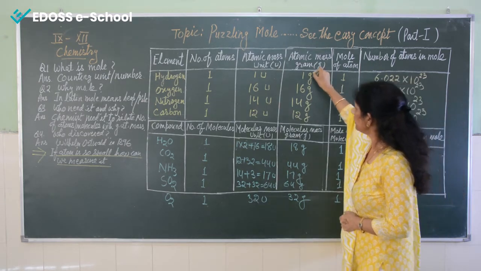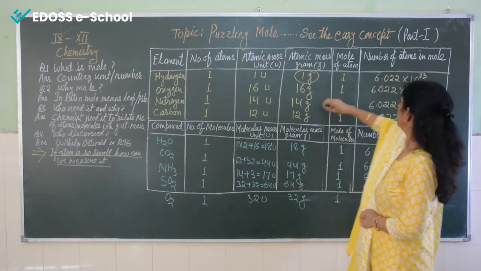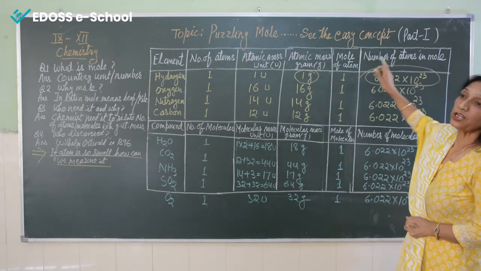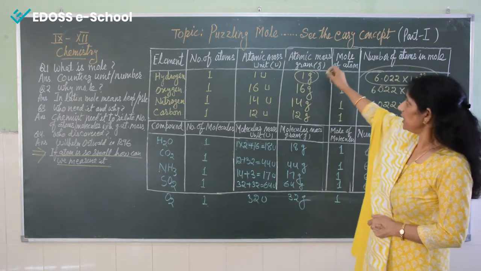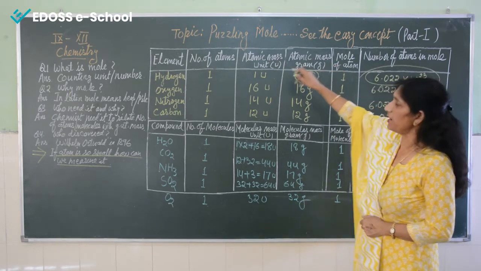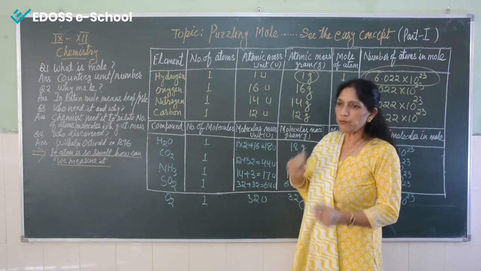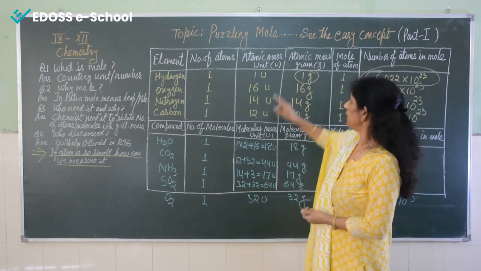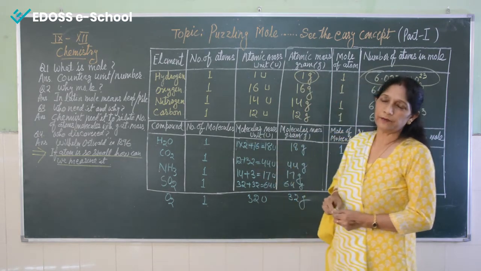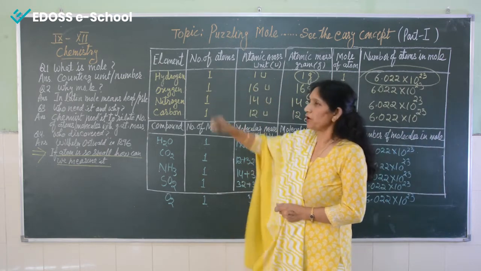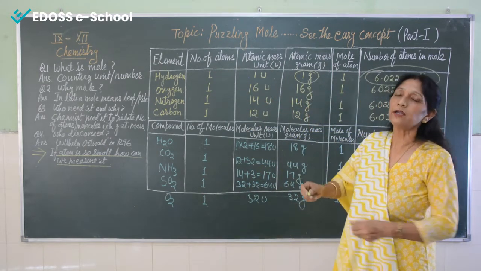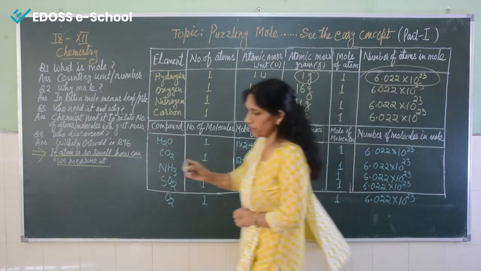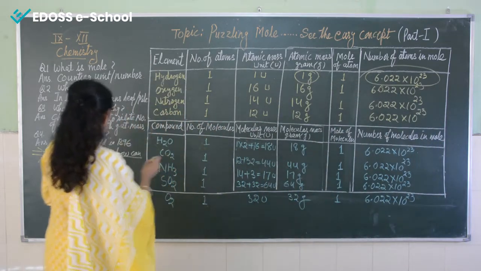They relate this gram mass with the number of atoms in moles. That means if they want to prepare ammonia, or if they want to prepare H2O, water, how will they count?